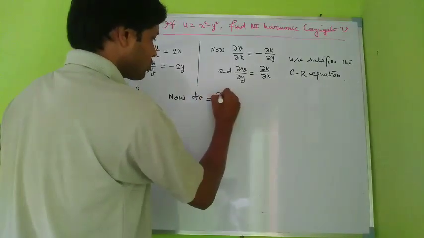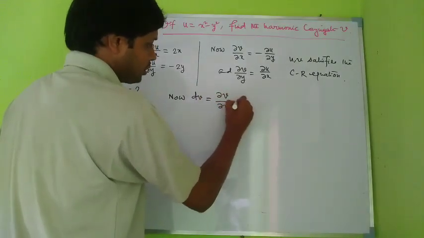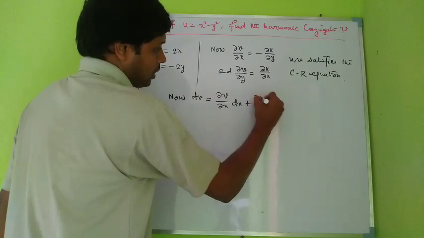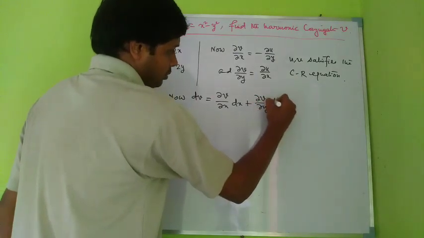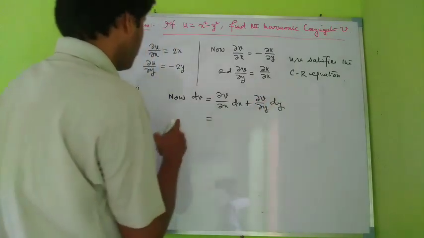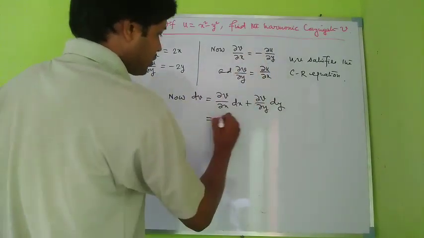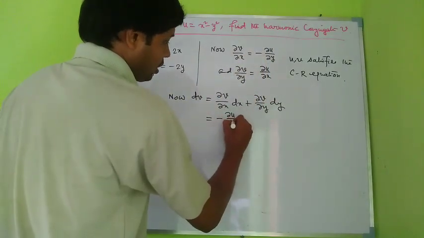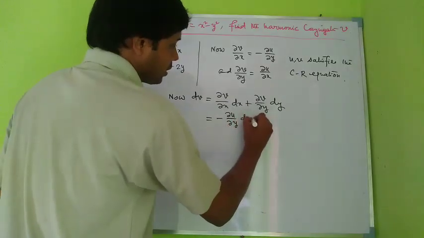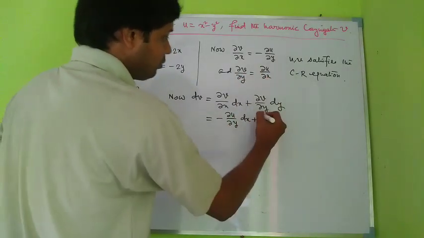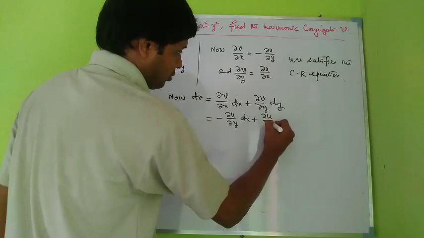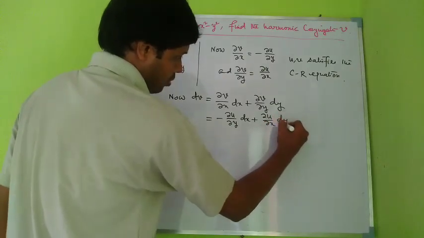So dv is equal to del v del x dx plus del v del y dy. Now del v del x is equal to minus del u del y into dx, plus del v del y is equal to del u del x into dy.